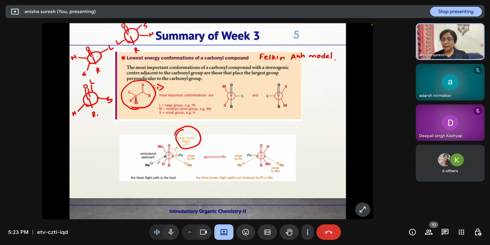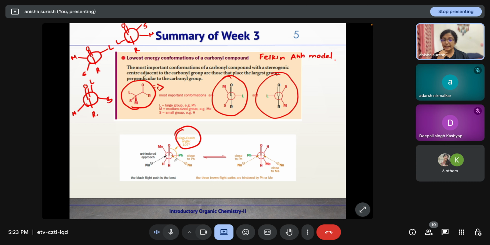The nucleophile attack is possible from this side, or we have another conformation, so it is possible like this as well. So four different attacks of the nucleophile are possible according to this conformation, where the larger group is perpendicular to the carbonyl group.